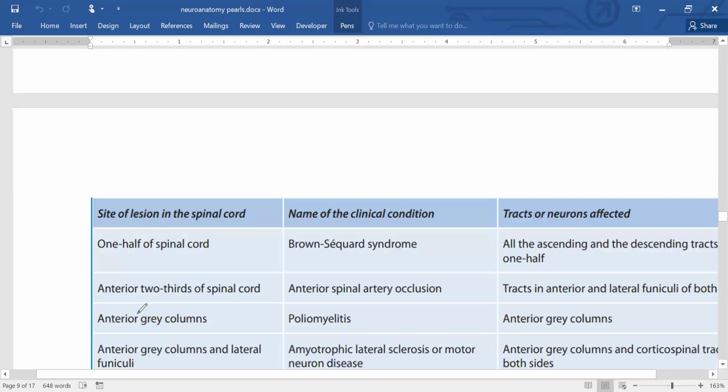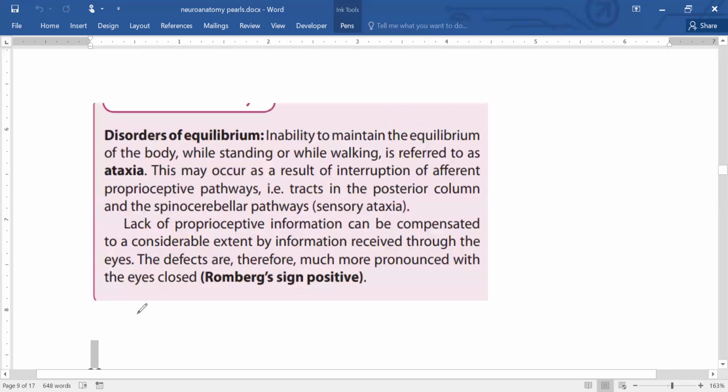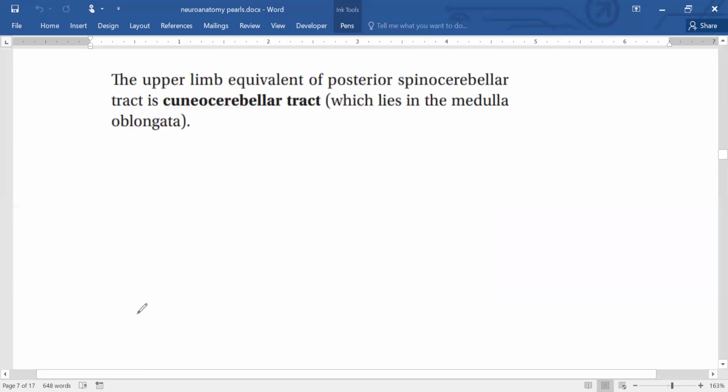The difference between unconscious proprioception and conscious proprioception is also a question often asked. The anterior and posterior spinocerebellar tracts and the cuneocerebellar tract carry the unconscious proprioception, while the dorsal column tract carries the conscious proprioception. So, what is the difference?